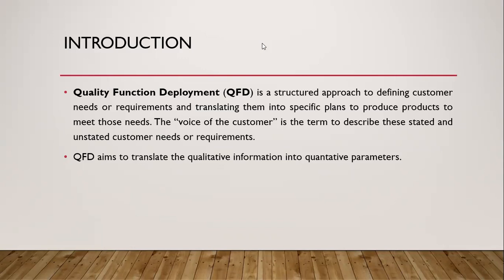Then technical specification, such as the temperature depending on the material the pressure cooker is made of. These are the different features of the product. So out of several things, which one will be the most dominating one?